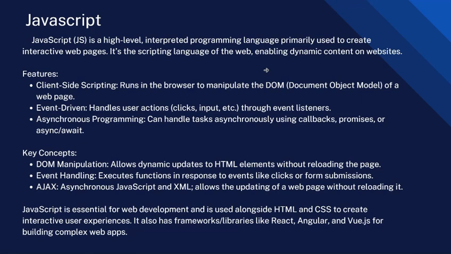Ajax is Asynchronous JavaScript and XML, which allows the updating of a web page without reloading it. JavaScript is essential for web development and is used alongside HTML and CSS to create interactive user experiences. It also has frameworks or libraries like React, Angular, and Vue.js for building complex web apps.